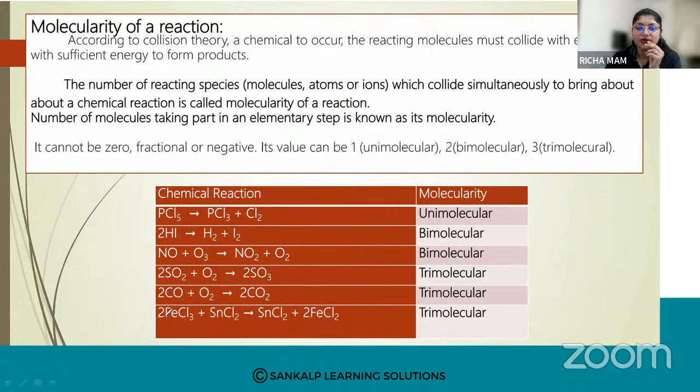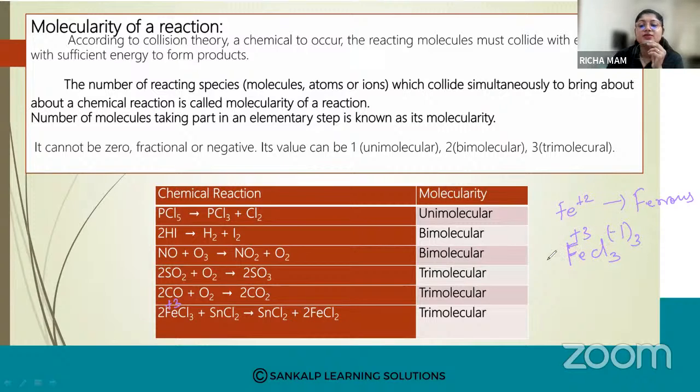Okay, let us go for the next one. 2FeCl3, ferric chloride. Ferric is in plus 3. When Fe is in plus 2 state, it is called ferrous. Now in FeCl3, each Cl is minus 1, and there are three atoms of chlorine, so it is minus 3, and Fe is plus 3.